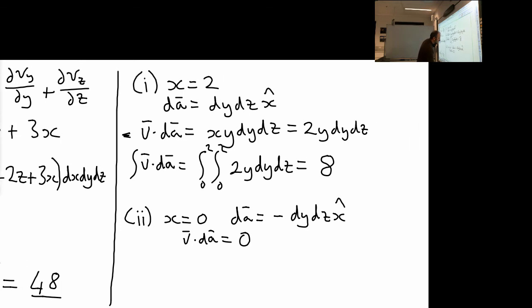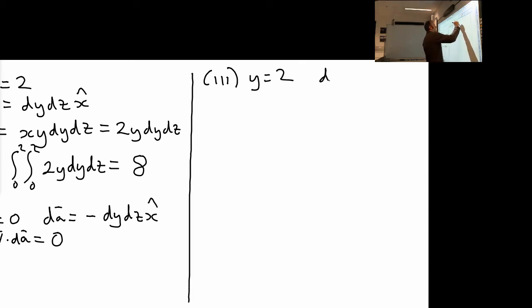So let's move on to the third side, where y is equal to 2. Our infinitesimal area element is going to be equal to dx dz y hat.